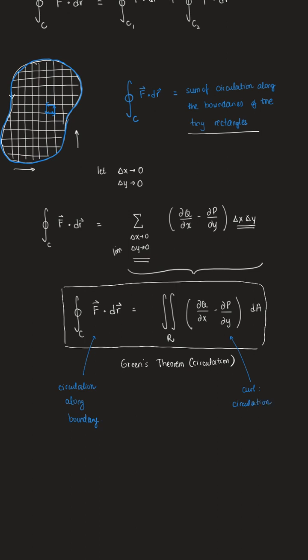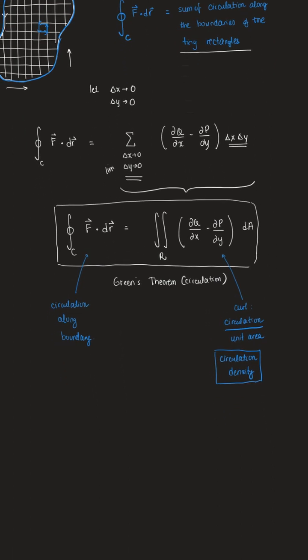So the circulation per unit area that we're then multiplying by our area element. So this is circulation density. And so the curl, this gives a little clarification of what the curl measures. It tells us the circulation at every point inside of a region on our vector field.